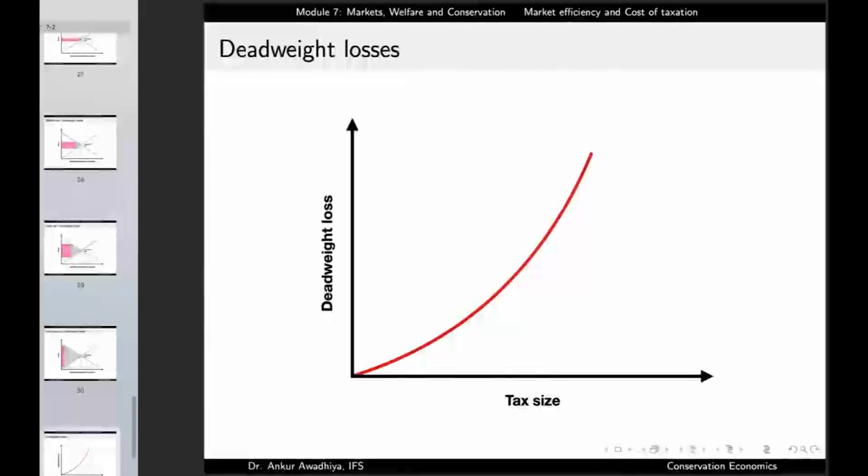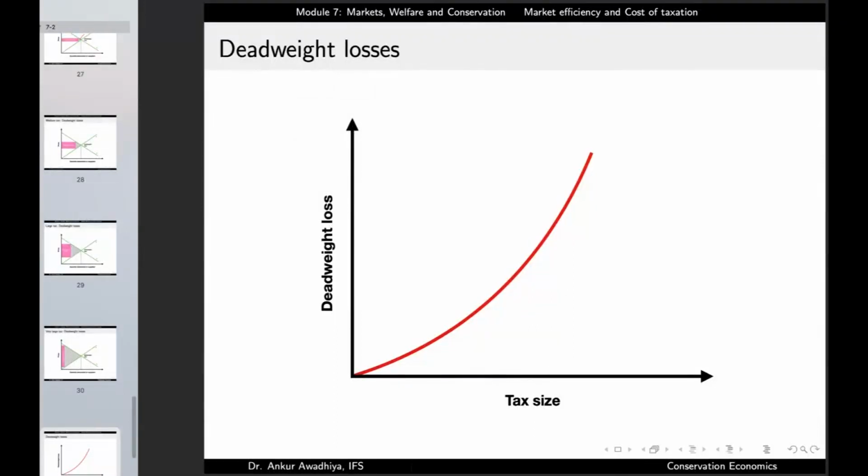And so we had seen earlier that when we are talking about planning, then we should plan in such a way that the total surplus is maximized. But what we are observing here is that with the taxation, the total surplus reduces, and this reduction that accrues neither to the government nor to the producer or consumer is the deadweight loss.